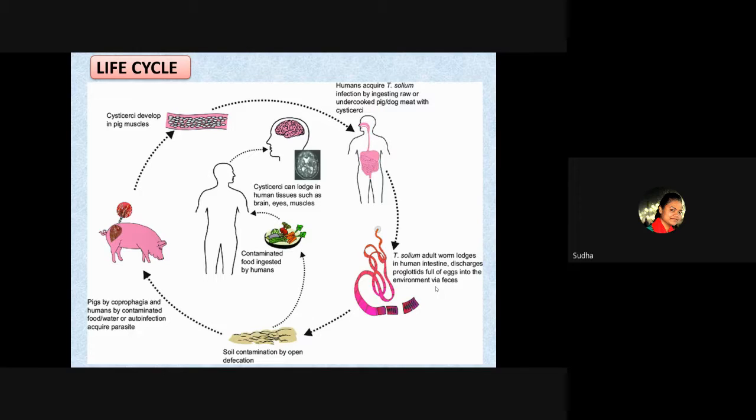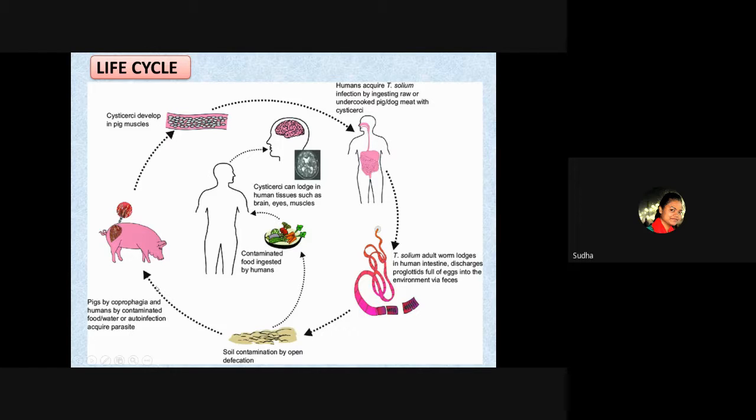And what does the gravid proglottid contain? It is full of eggs, to be released into the environment and to infect another person or another host. So it comes out full of eggs, and when these eggs get contaminated with something else which is consumed by the pig.